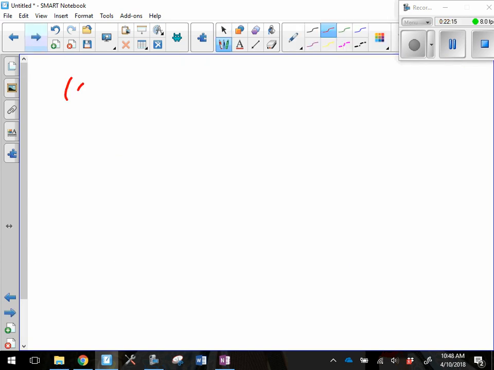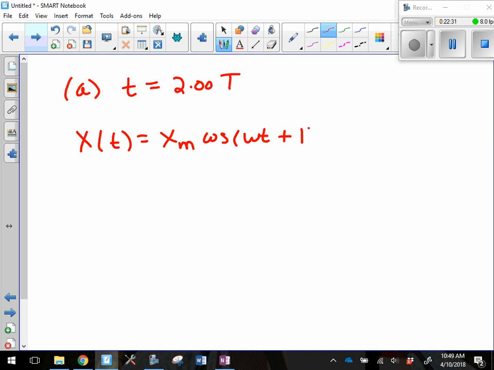So for part A, t is equal to 2 periods, right? So actually, do I even need to use this equation for part A? No, because where will the object be after 1 period? At the same spot as it started, which is negative xm.